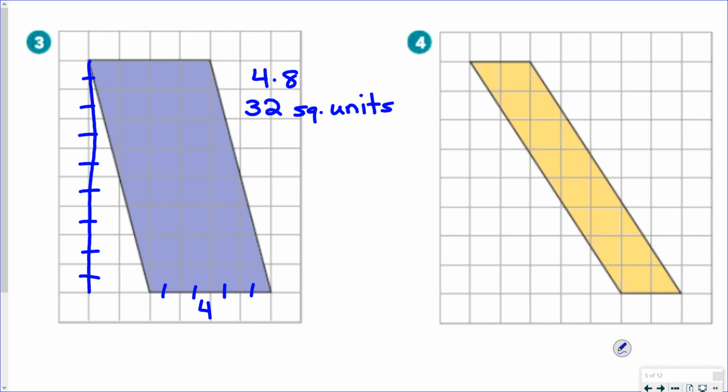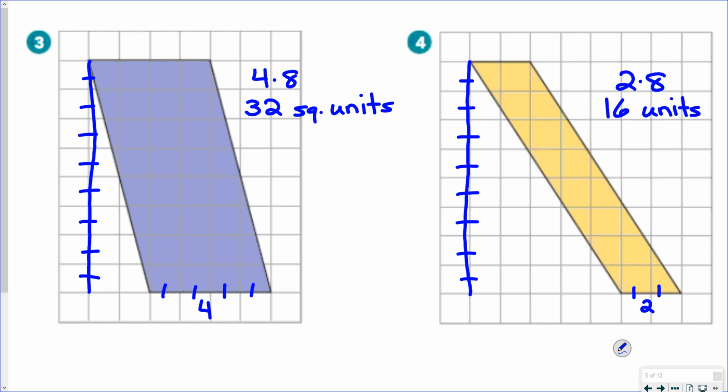And number 4 here, we have a base of 2. Height, we're going to drop it straight down. And we have 1, 2, 3, 4, 5, 6, 7, 8. Imagine that. And we would take 2 times 8, and that would give us 16 square units.